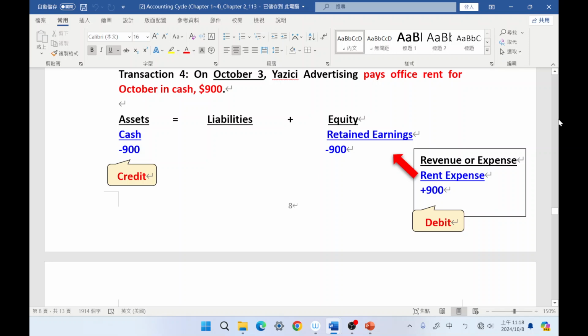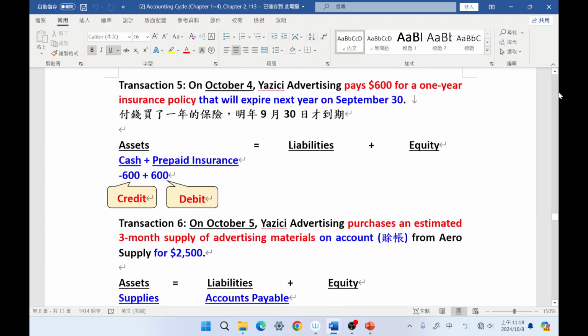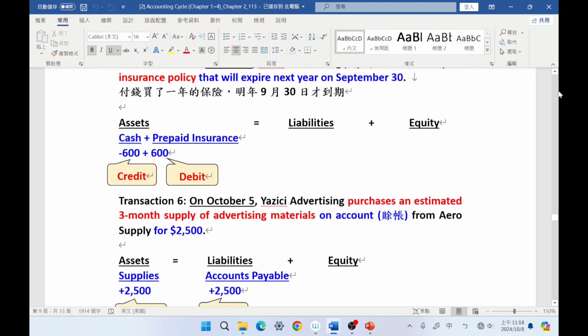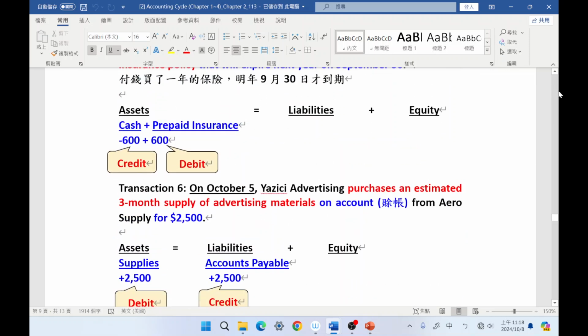Debit's number equal to credit's number, okay? Transaction 5. Did you find out one debit, one credit? One debit, one credit. Debit's number equal to credit's number.